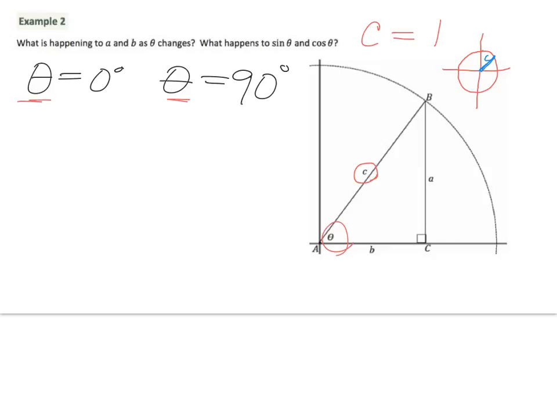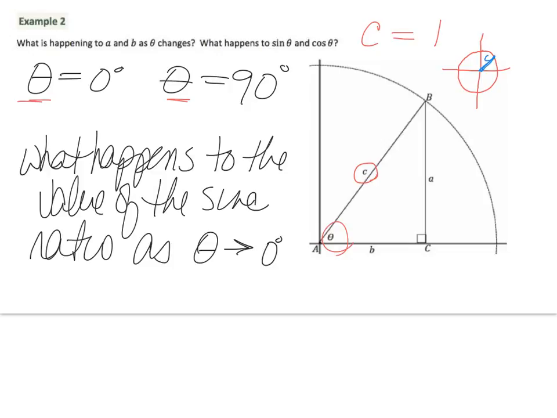So what happens to the value of the sine ratio as theta approaches 0 degrees? Consider what is happening to the opposite side A, because sine is opposite over hypotenuse.